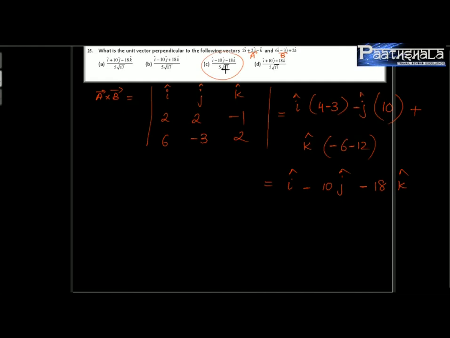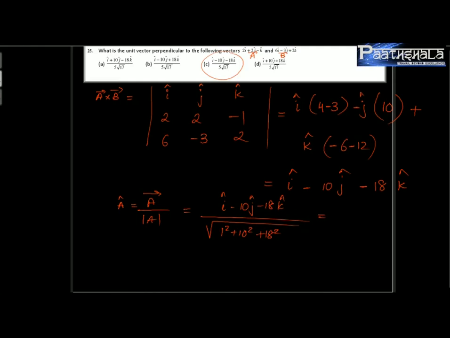The denominator has come simply because they have asked us to find a unit vector, and for a unit vector we need to divide. So a unit vector in the direction of vector A is nothing but A bar divided by the magnitude of A. So this is simply equal to the vector I hat minus 10 J hat minus 18 K hat divided by its magnitude, that's the square root of 1 square plus 10 square plus 18 square.